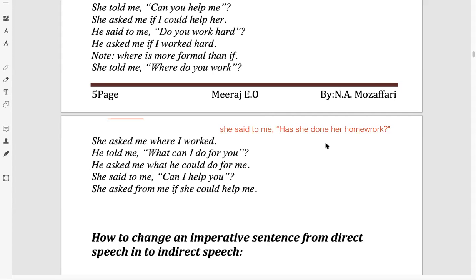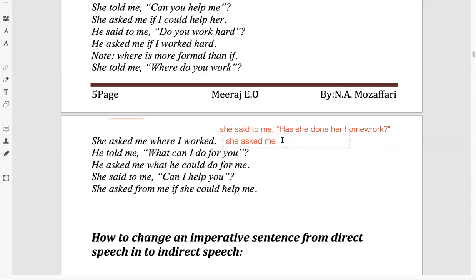So I want to answer this question and then you can work on another one, okay? So first of all, we use she. Said to me, we said that the reporting verb is always changed to ask. She asked me. You can say she asked me or she asked from me, okay? She asked me, has she done her homework? So we change has she done her homework to positive formula. She has done her homework.